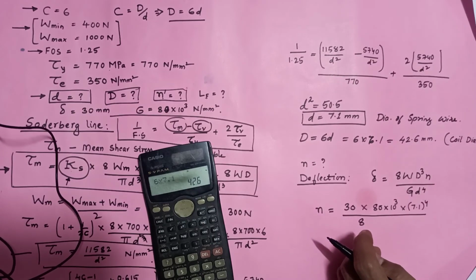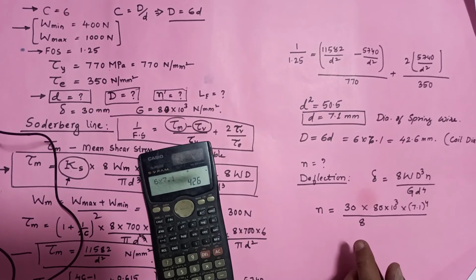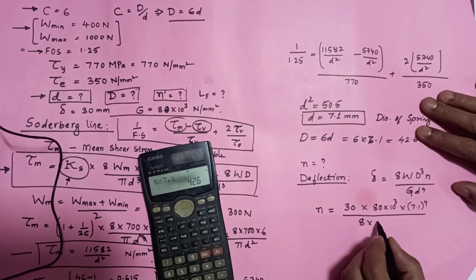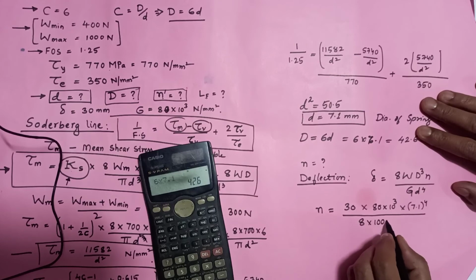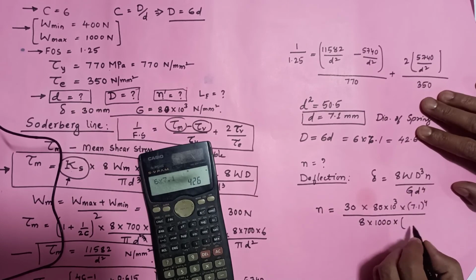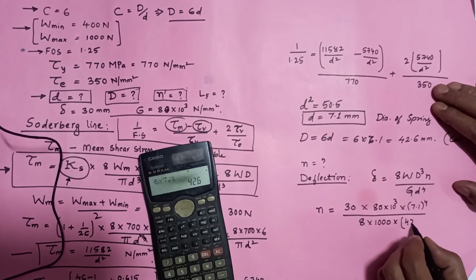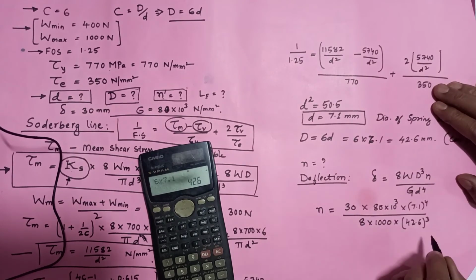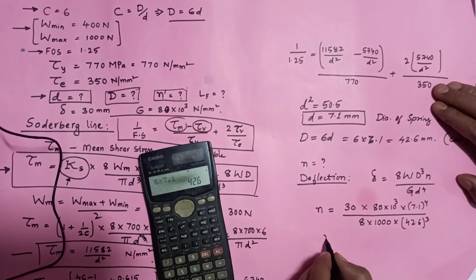We have to take W as the maximum load, you can take as 1000, into D cube. The D value we have also calculated, 42.6 power of 3, then the n. From this equation you will get the number of turns. So the number of turns we will get is around 10.